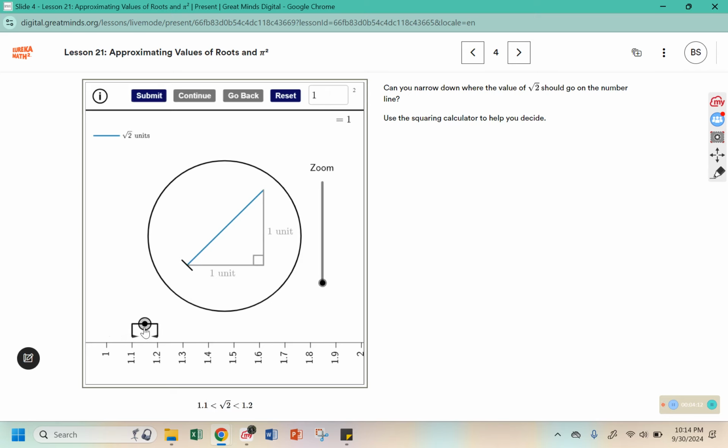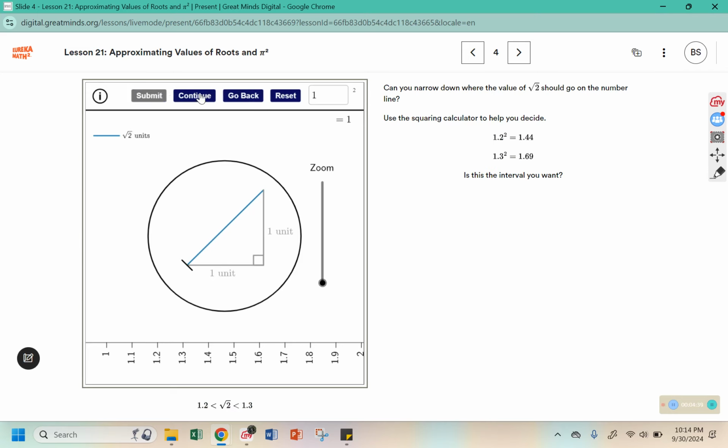So if I click over here and submit, it should show me between the values that I placed my bars on down here. But I need one that's below and one that's above, so I have to go back and adjust.